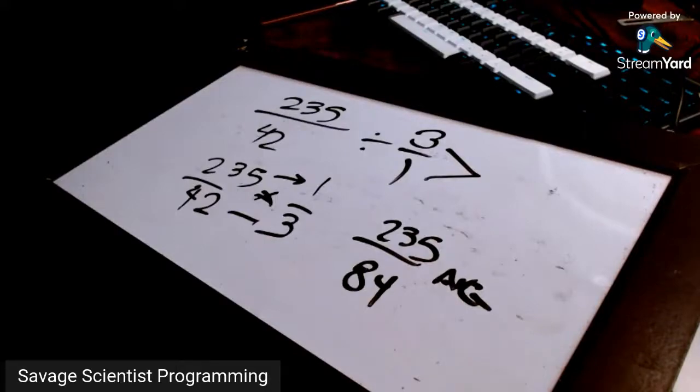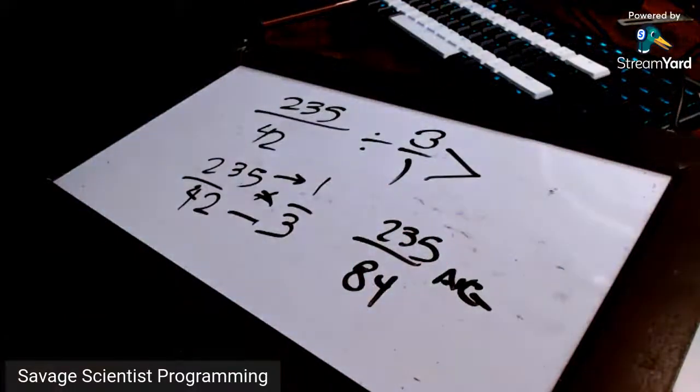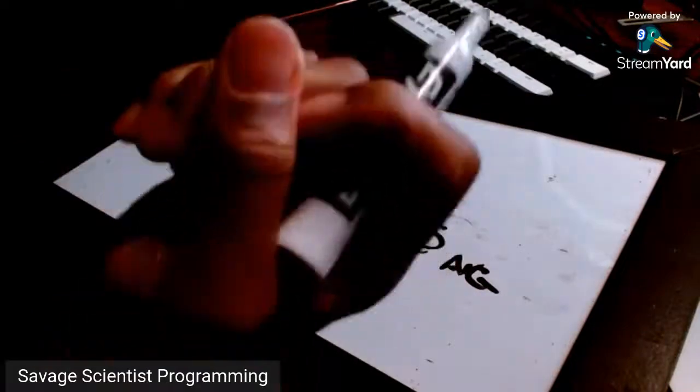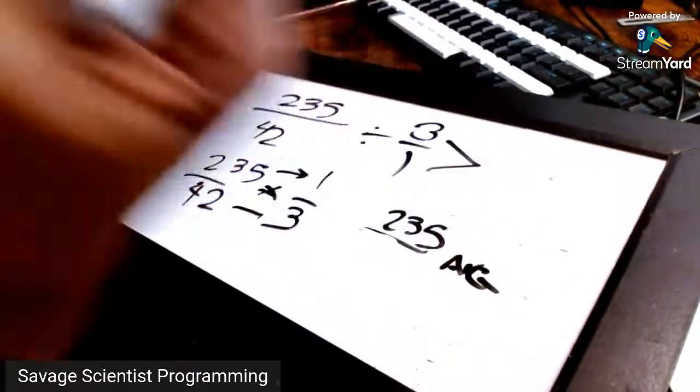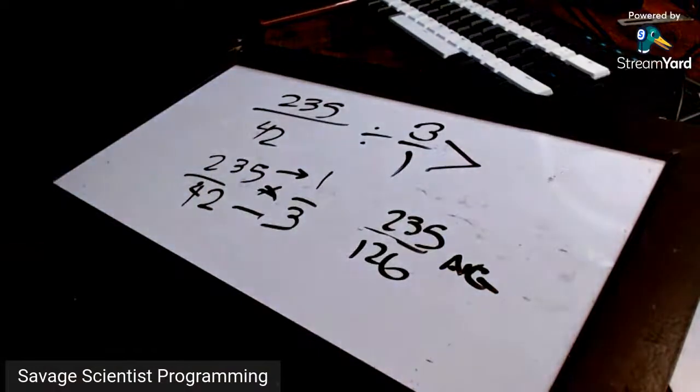So now we're gonna go back and do this all over. So what is 42 times 3? 42, that's 120, 126. And that's all we got. See that?